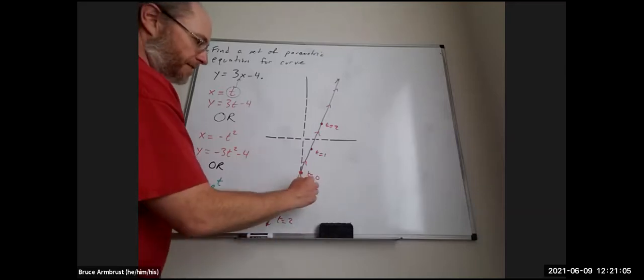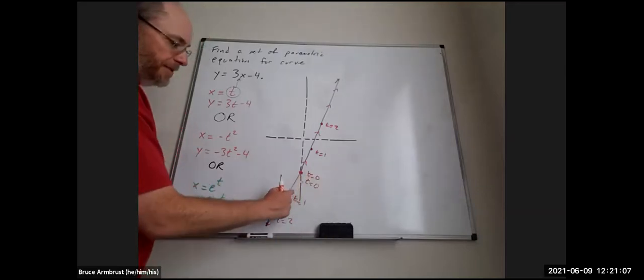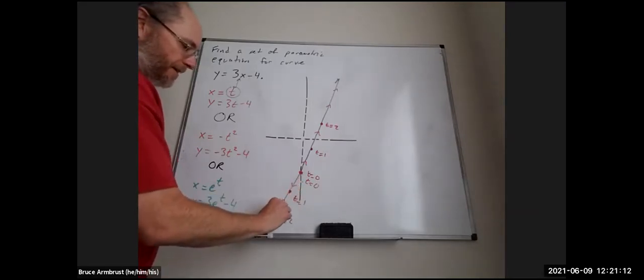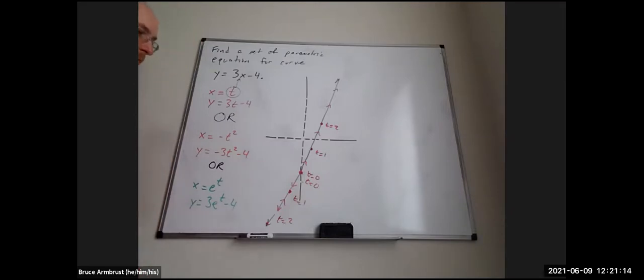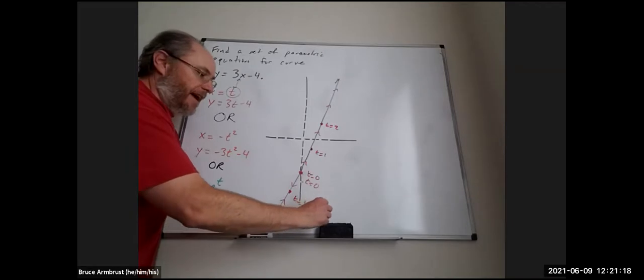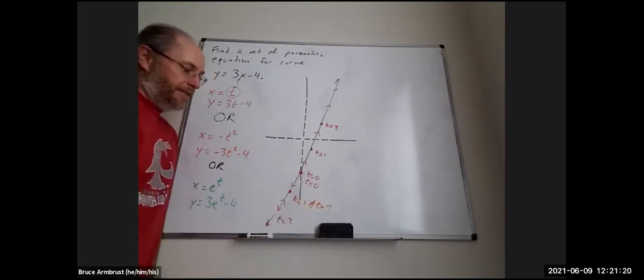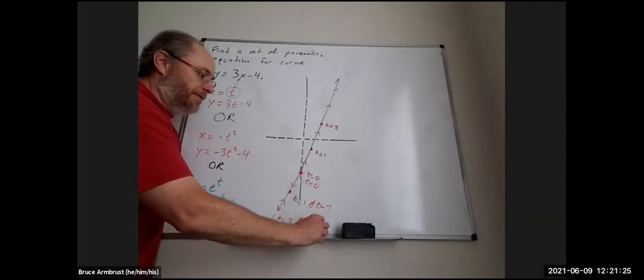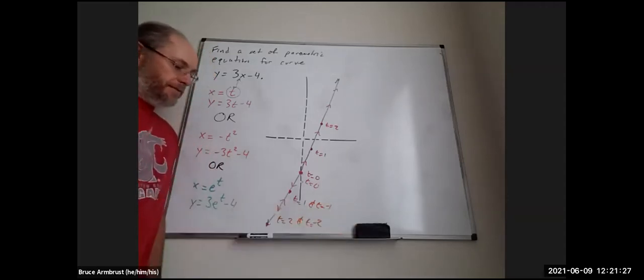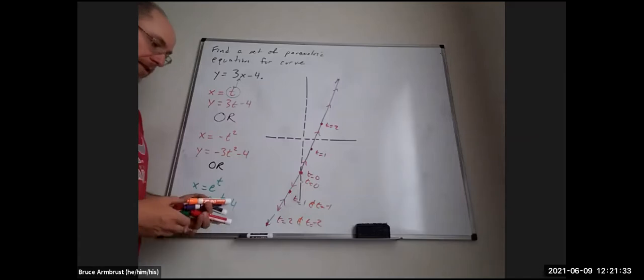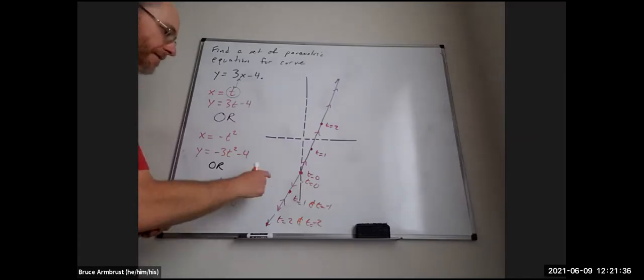All right, so think about this with the orange. I'm going t equals 0 to t equals 1 to t equals 2. So it appears that I'm going this direction, right? Well, if I plug in negative 1, I actually get the same spot as t equals 1. And the same thing if I plug in negative 2, I get the same as positive 2. So if we were to describe the path from the orange, here's what it does.